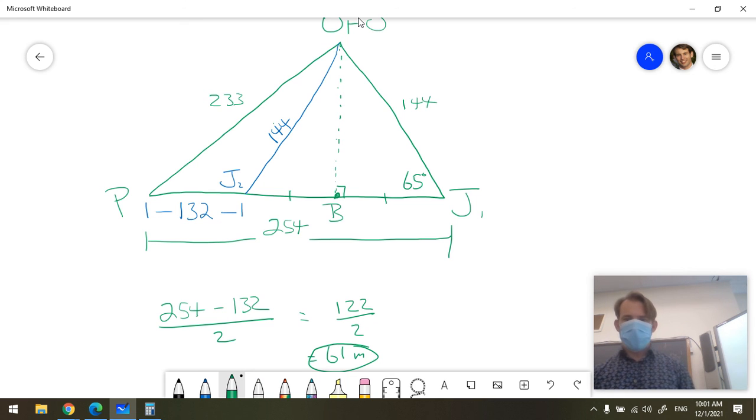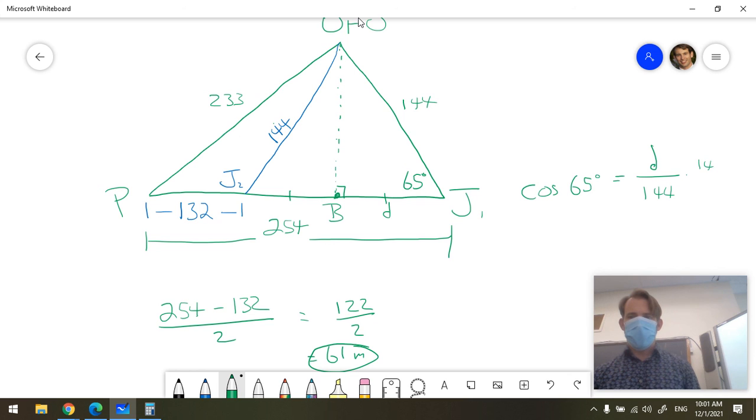So that looks like this. Cosine of 65 degrees is equal to the adjacent side over the hypotenuse. That's why I chose cosine, because it relates this side here, which is d, distance from Jonah to the baby, okay, is going to be equal to d divided by 144, the hypotenuse.